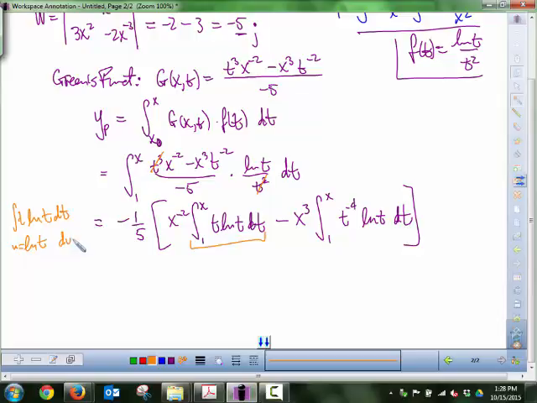My dv is going to be the t function. So du is going to be 1 over t dt, and then v is going to be t squared over 2. So this antiderivative here is going to be 1/2 t squared ln t.